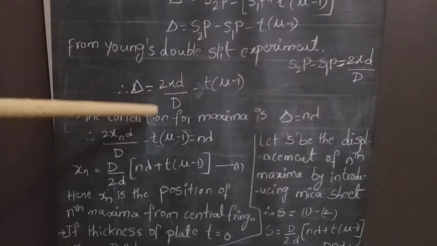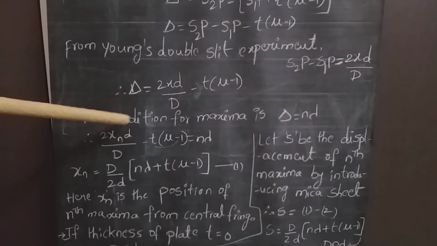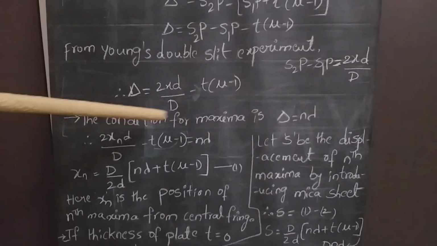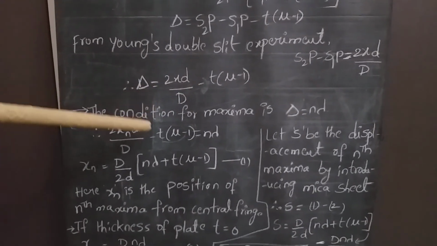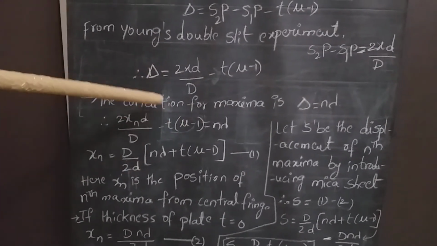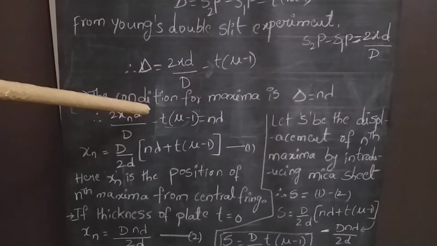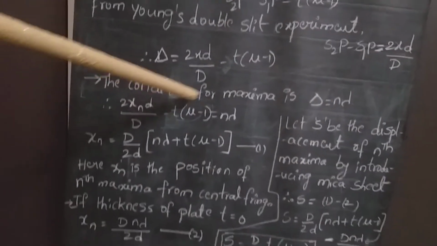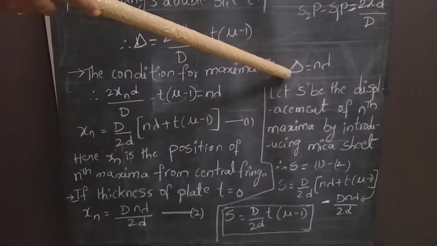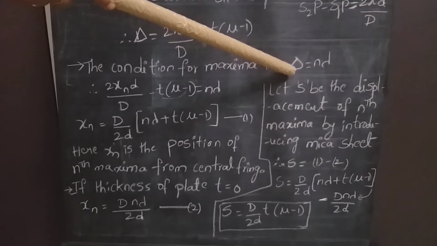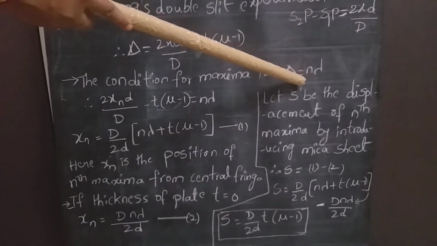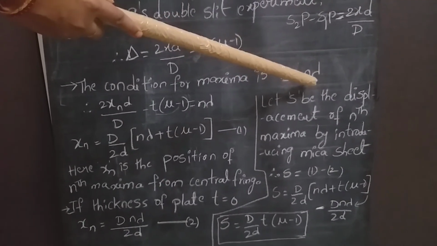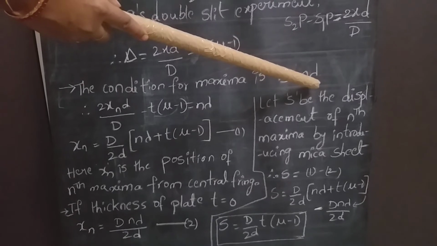And now, go back to the maxima condition. If you observe the interference pattern in Young's double slit experiment, for maxima and minima we have different conditions. For maxima, the path difference between the rays which are providing the interference pattern should be equal to n lambda, integral multiples of the wavelength of the light beam.